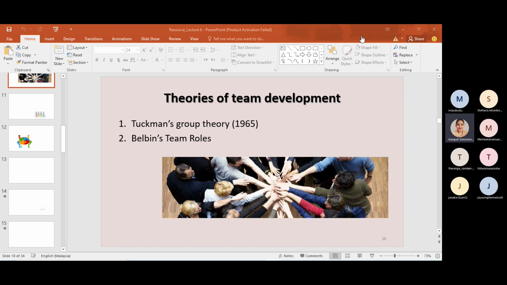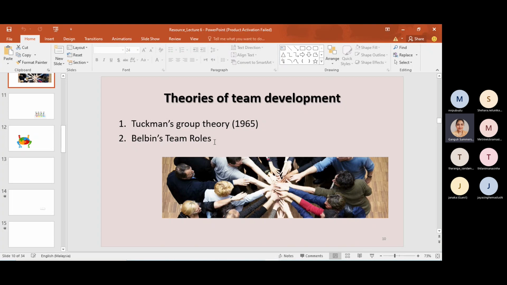Okay, so then we can start discussing the theories of team development. There are lots of theories of team development, but for this diploma, we need to talk only about two.